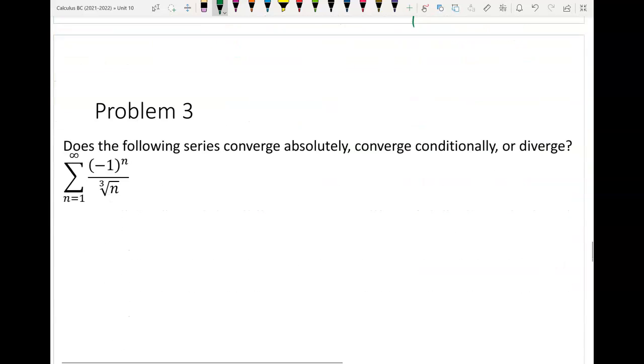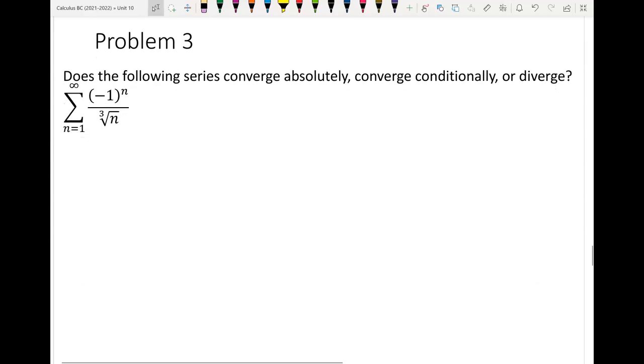All right, so let's look at one. Does the following series converge absolutely, conditionally, or does it diverge? Since this is an alternating series, I would recommend that you first look at it with the alternating series test.